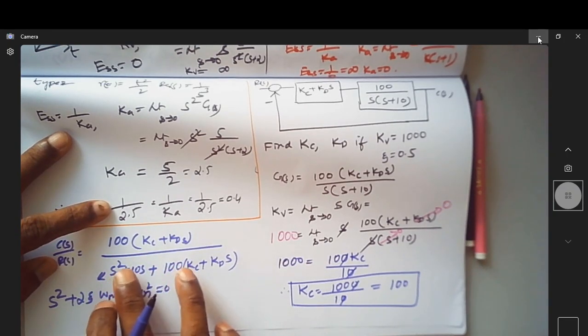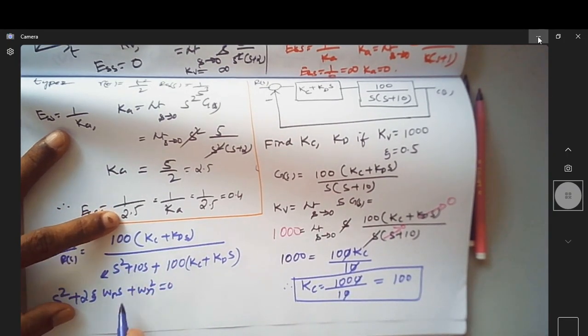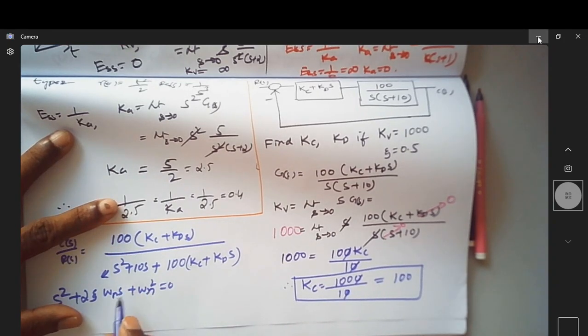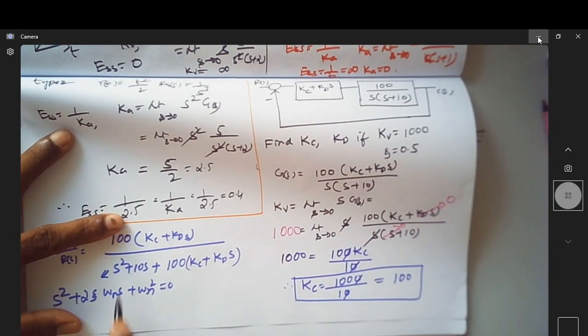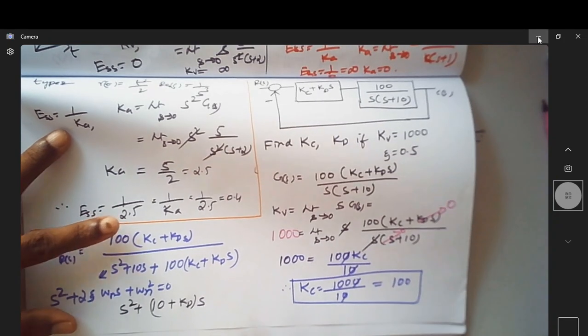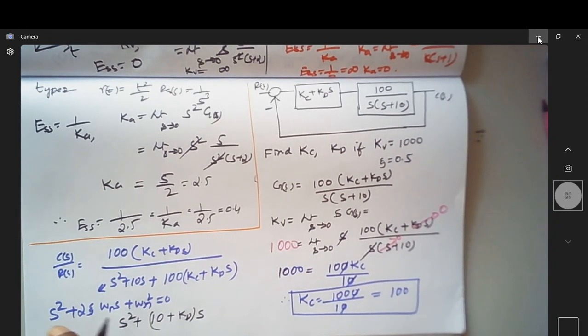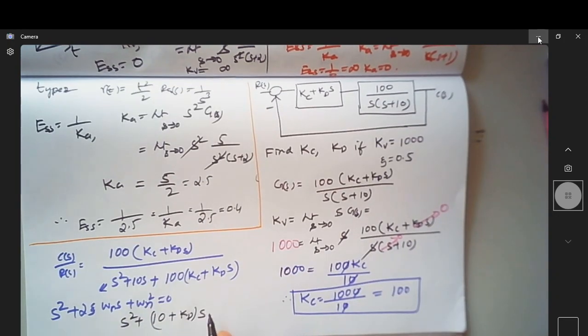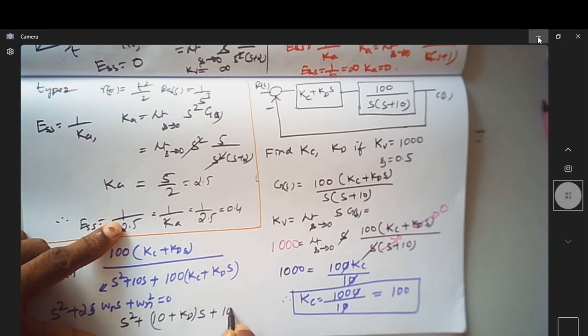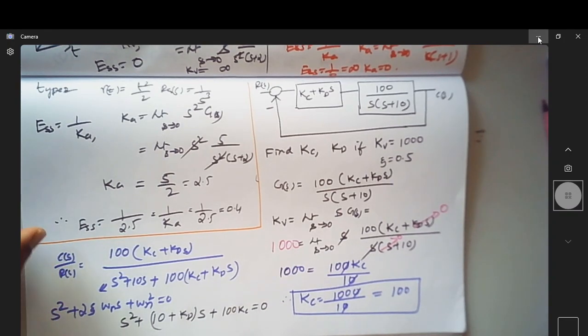So I can put this in standard form by grouping it, so that now this becomes S square plus 10 plus Kd into S plus 100 Kc equal to 0.